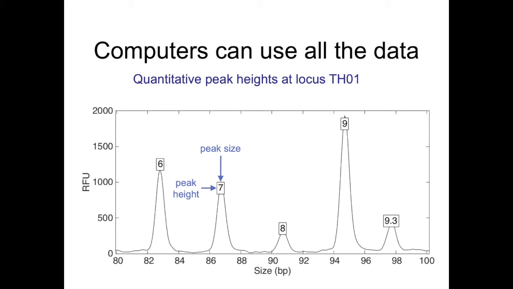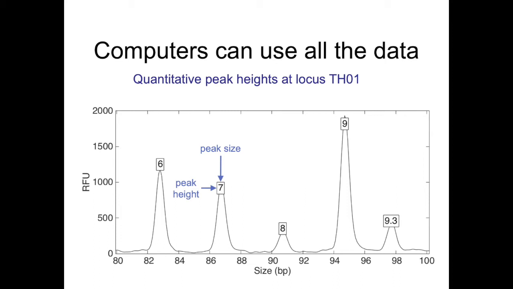Anything over the threshold is put on a list, and the peak height isn't used. So a peak height of 500 or 5,000 would be considered the same. By throwing out much of the data, ignoring it, and not using the quantitative information of what's more or less, it's impossible to actually solve the DNA mixture problem. So the human methods don't work except for the simplest cases because it's overly simplified.